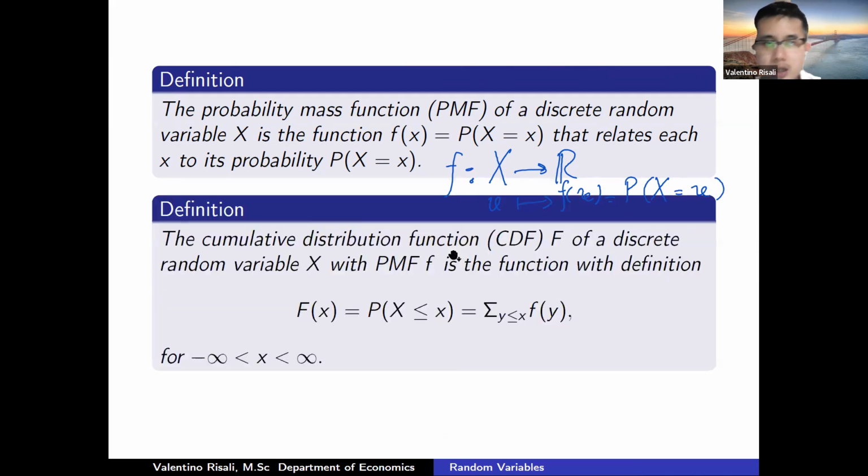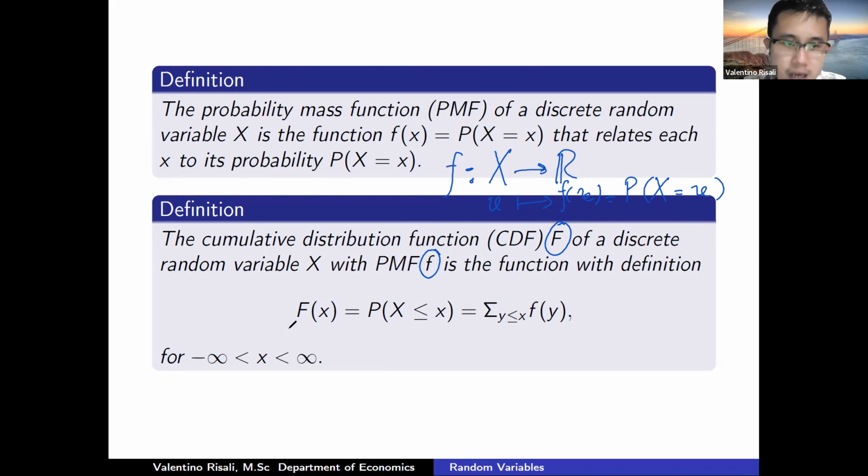After that, we also define the cumulative distribution function, or the CDF, which is denoted by big F, of a discrete random variable with PMF little f. And then the definition is like this: F(x) is equal to the probability of X less than or equal to little x, or the sum of f(y) for all y less than or equal to x.